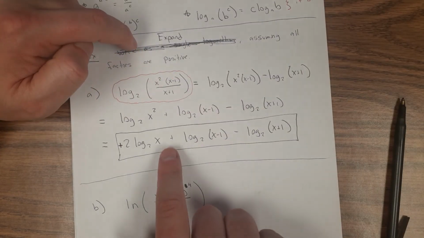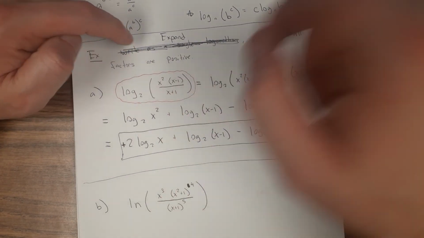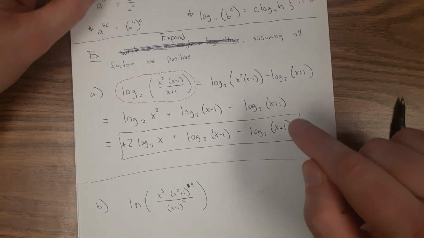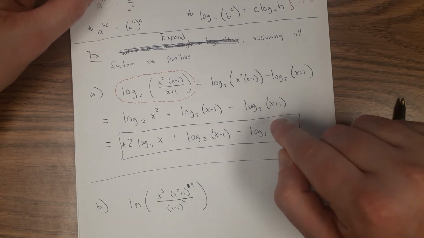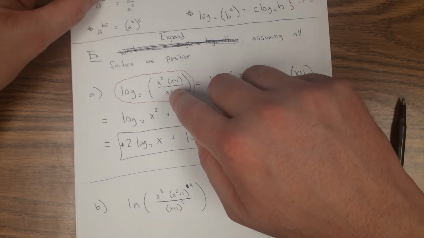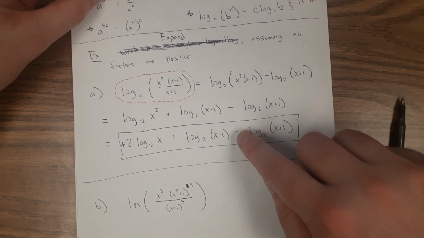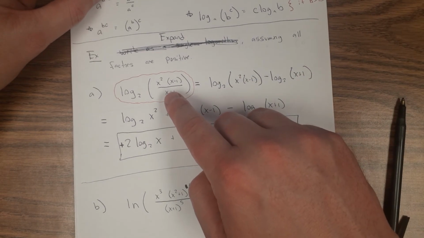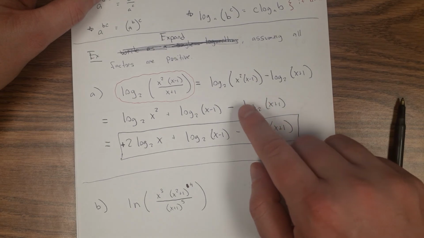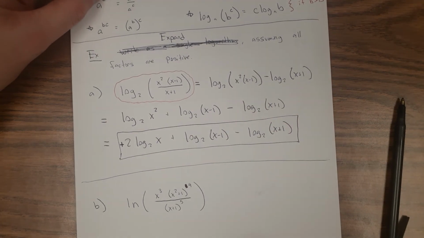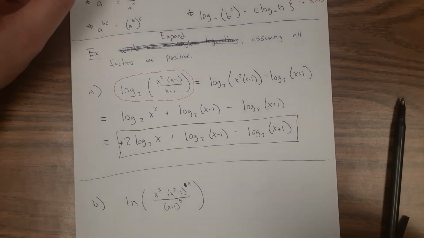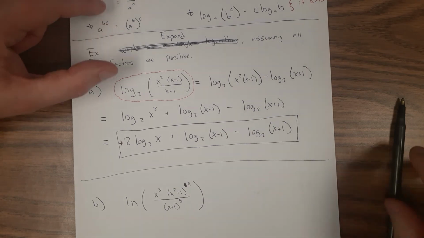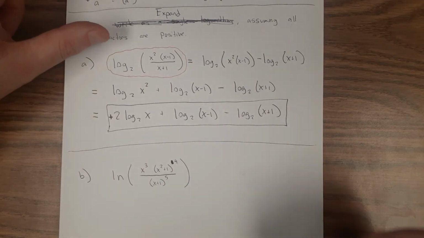And it's positive because this came from the top. And then I'm going to have an x plus 1. This is going to be negative because it was from the bottom, and this didn't have a power on it, so there's no number to put in front. So let's do this in one step.